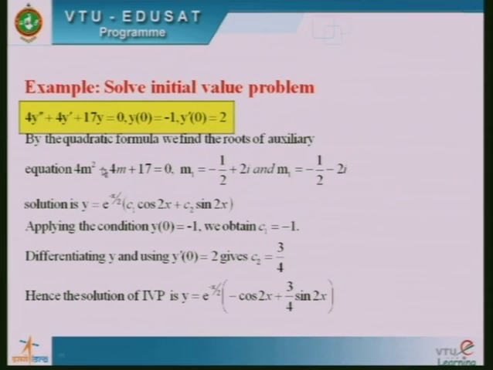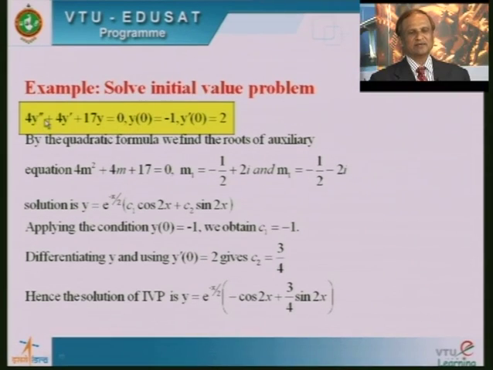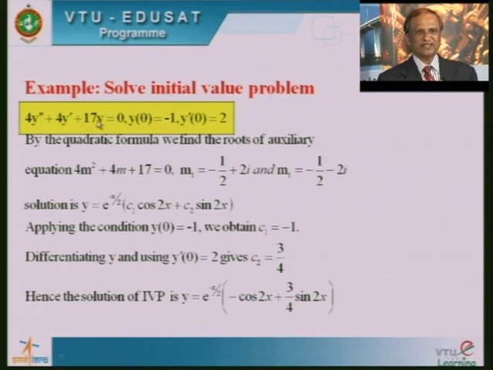So, by the formula we find the roots of the auxiliary equation, right. It means you can write it in the symbolic form. So, y double prime can be replaced by 4 times d square, plus 4 times d plus 17, y is common, you can take it out.